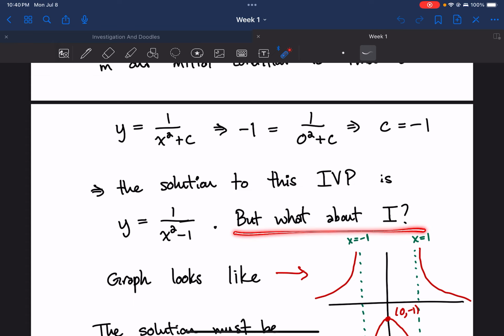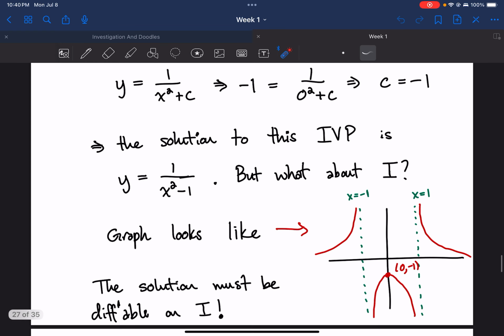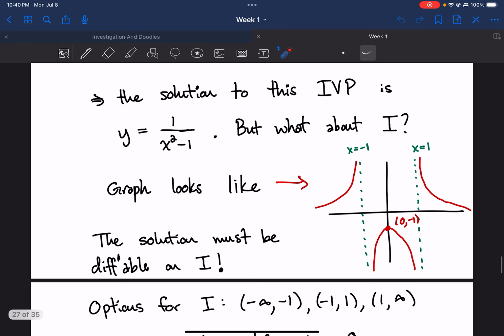And the question is, what's the interval I for which this thing is defined? Well, we just need to draw the graph of this function. This is how the function looks. If you forgot how to graph rational functions, you should probably go look that up.